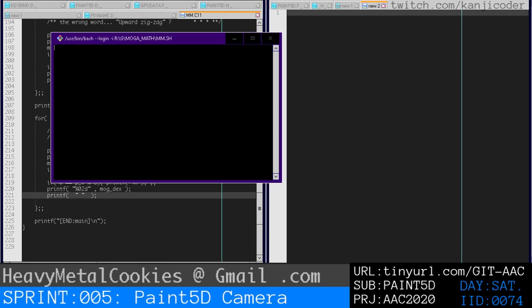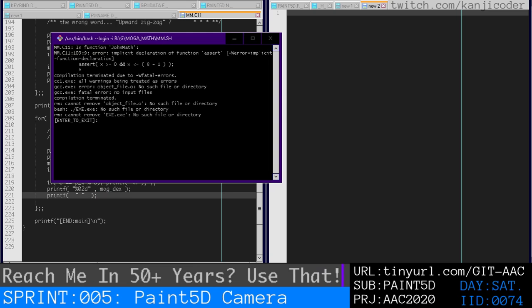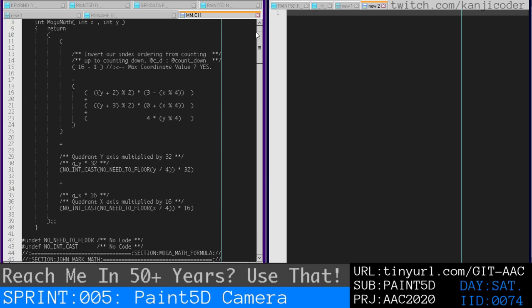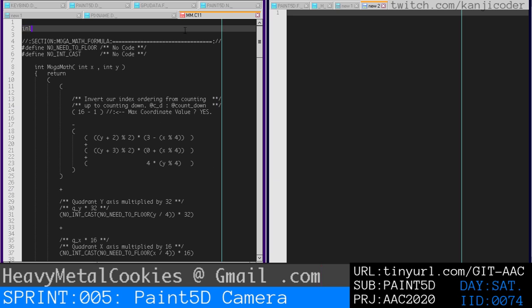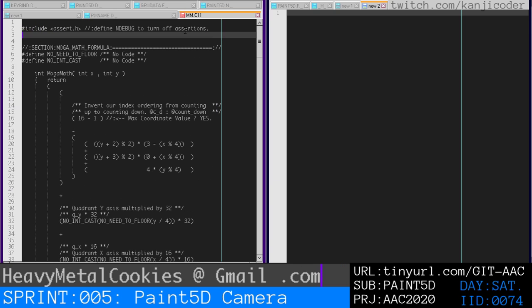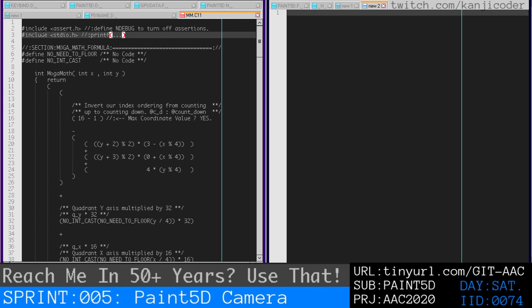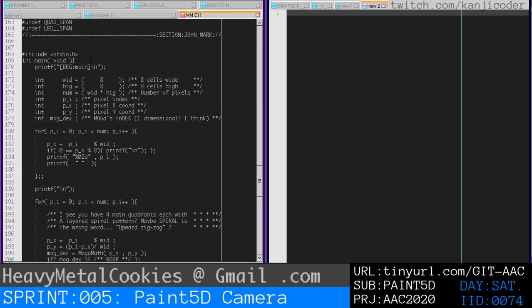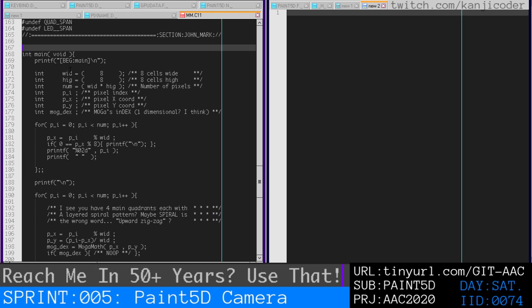But we've got to include assert if that's what we want to do. So include assert, include printf. So we'll include both of these. And then down where we have the main, we can get rid of stdio.h because we already have that for printf at the top.